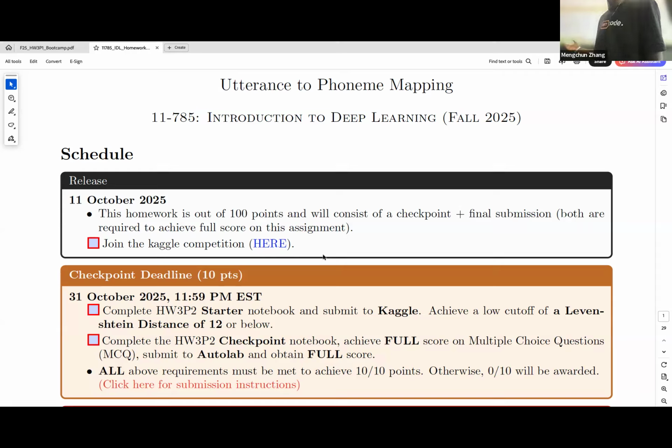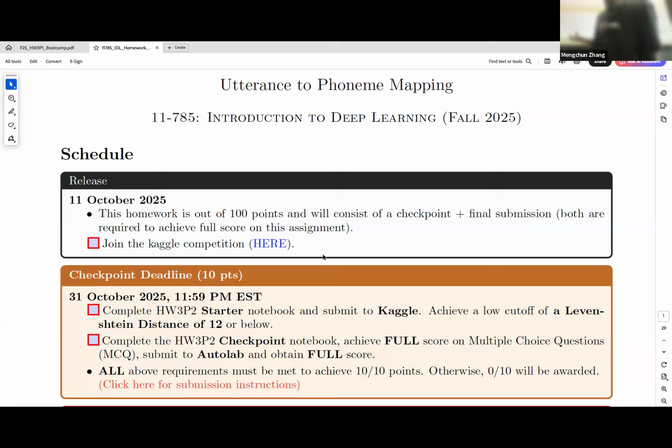For the checkpoint it's 12, and you should be able to get to 12 even with the basic architecture that we give you in the notebook. If you implement the basic architecture in the notebook, you should get to 12 with no issues. From there, the patterns will be released, and then you need to do the extra: read some papers and modify your architecture so that you improve your Levenshtein distance.